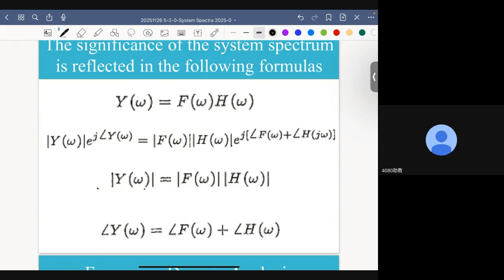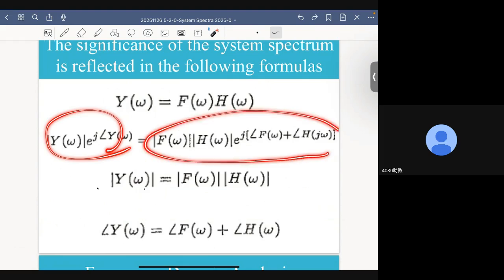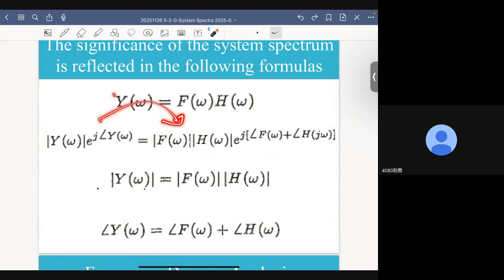We know that this has to be equal to this. If they are equal, remember, these are polar coordinate representations. When they are equal, each of their polar coordinates has to be equal.